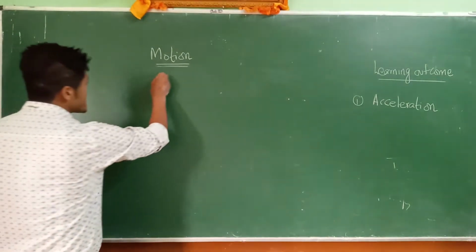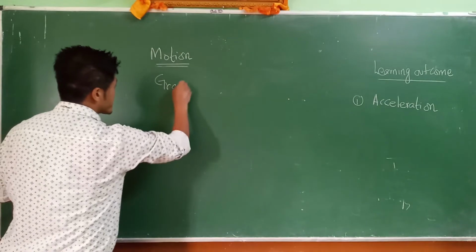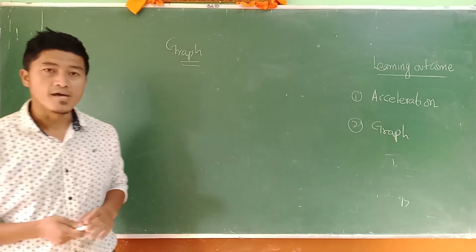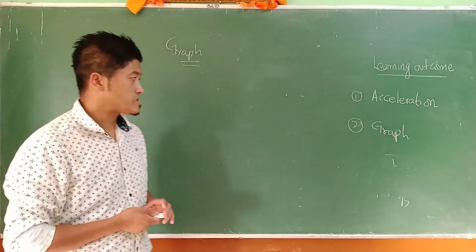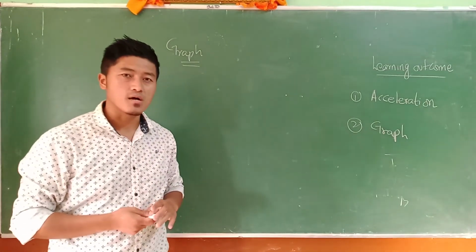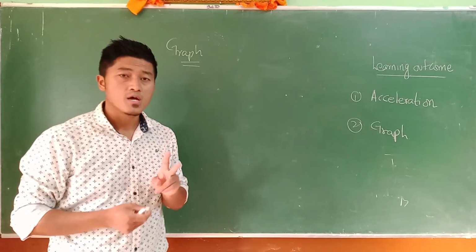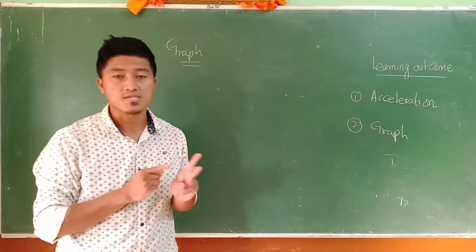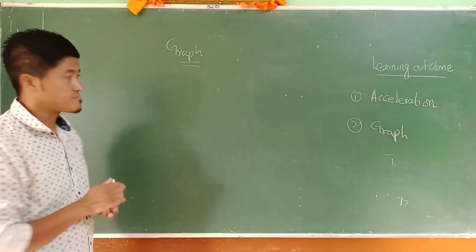Now, talking in terms of graph. So normally in class 9 we discuss graphs in two forms. Number one is the distance versus time graph, and second one is velocity versus time. First we are going to talk about distance versus time.